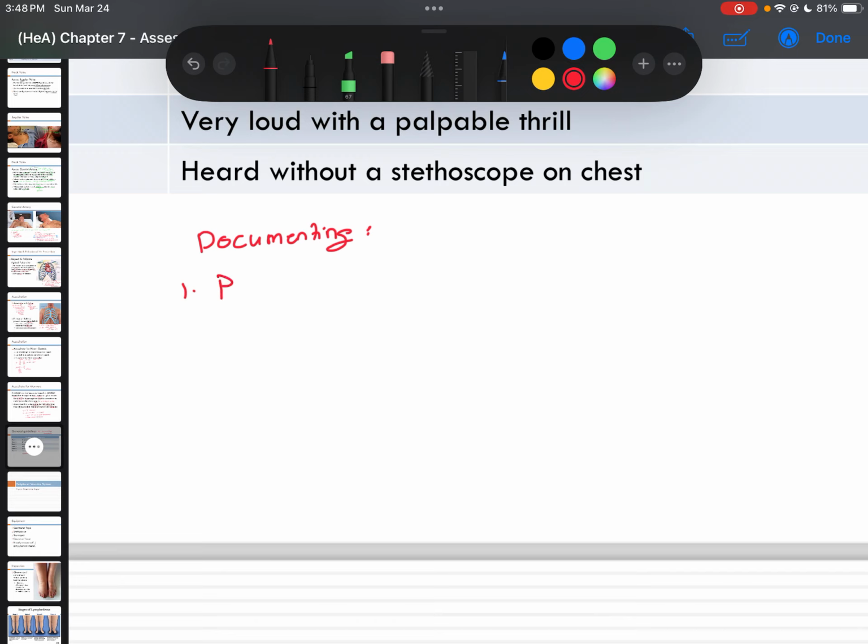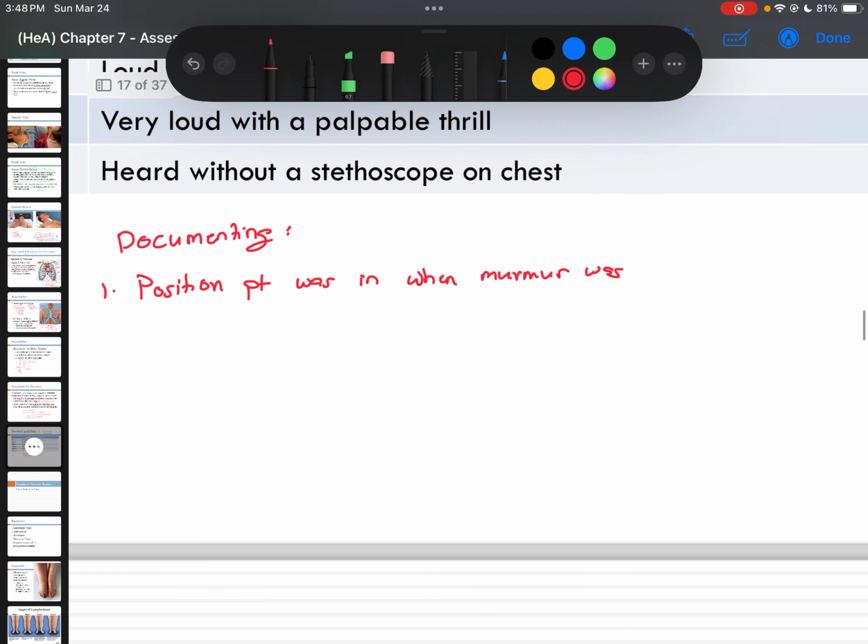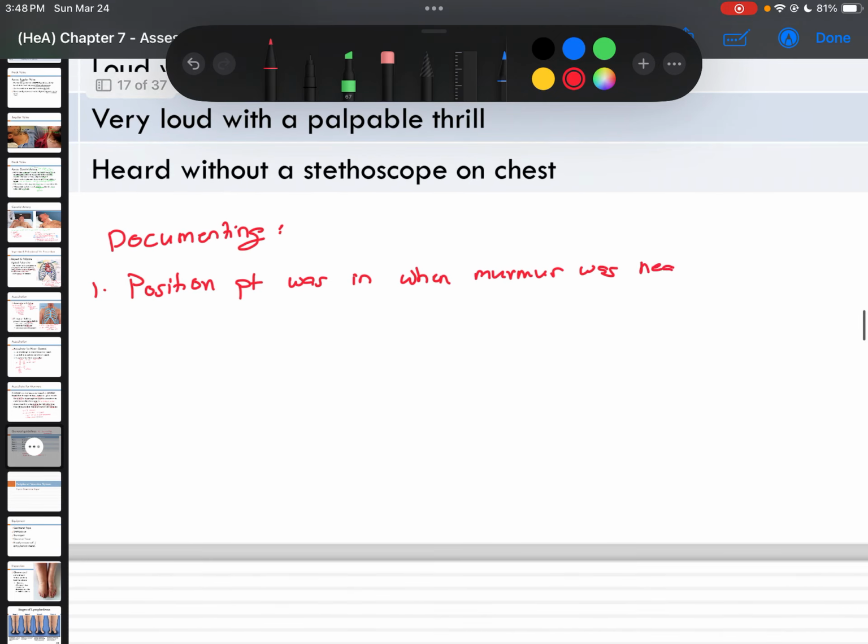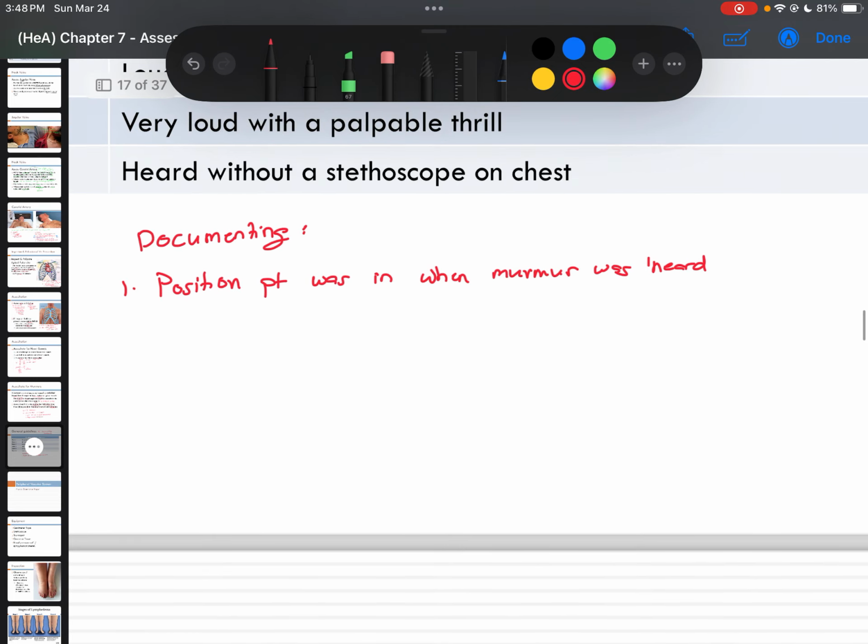First is the position the patient was in when the murmur was heard. So, for example, the murmur was heard during a left side lying.